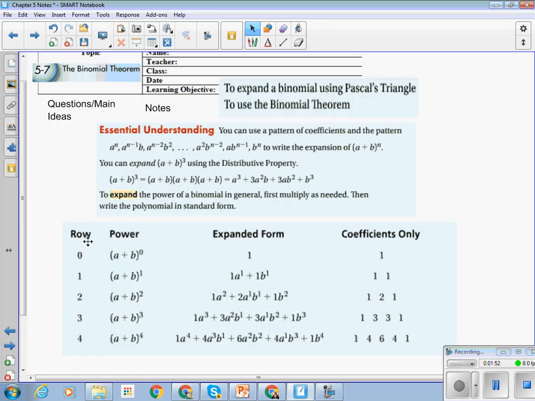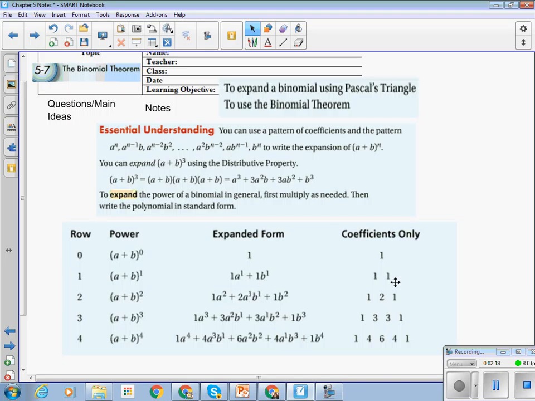So if we look at row 0, so it goes with this power, so row and power are the same. A plus b to the 0 power, anything to the 0 power is 1. And then I have row 1, which is a plus b to the 1. That is just 1, a to the 1 plus 1, b to the 1, or just a plus b.